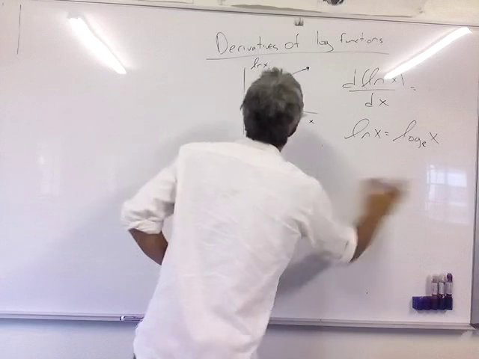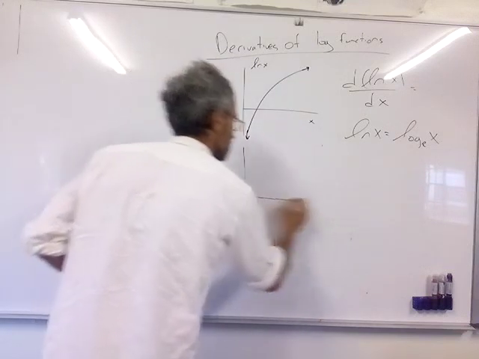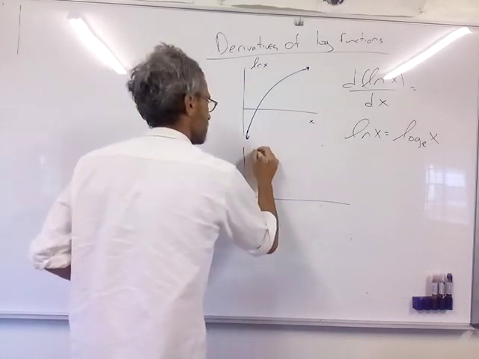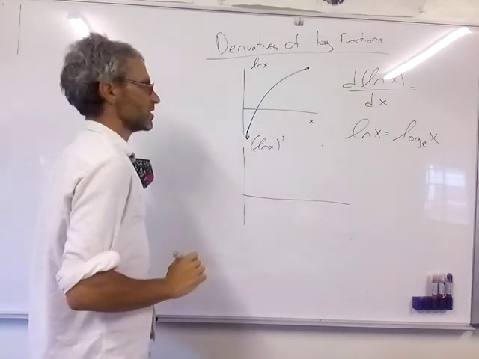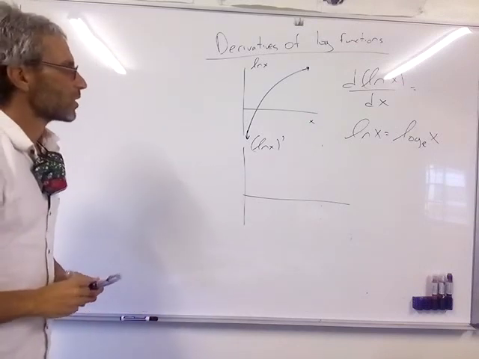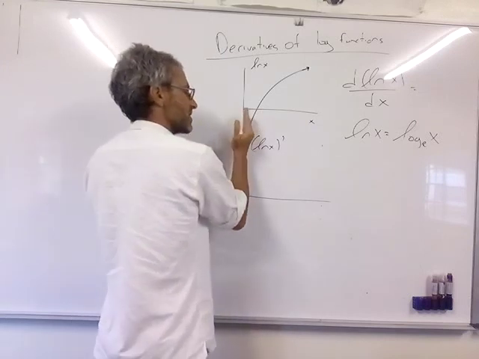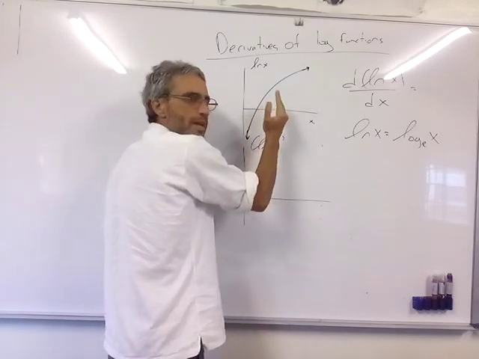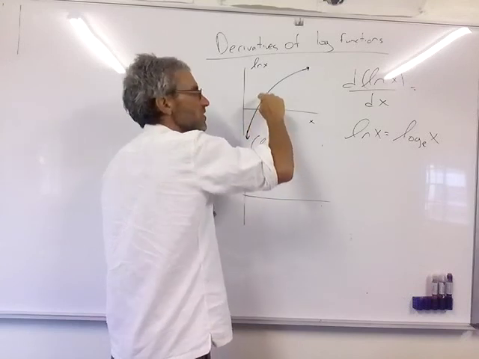So let's try now together to plot the derivative of that, because that's what we're interested in. As x gets bigger, what happens to the gradient of this graph?